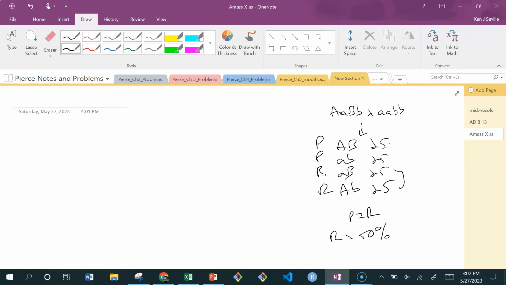So if the parentals equal the recombinants, then both the parentals and the recombinants are 50%. So if the recombinants are 50%, genes are unlinked, I'm sorry.